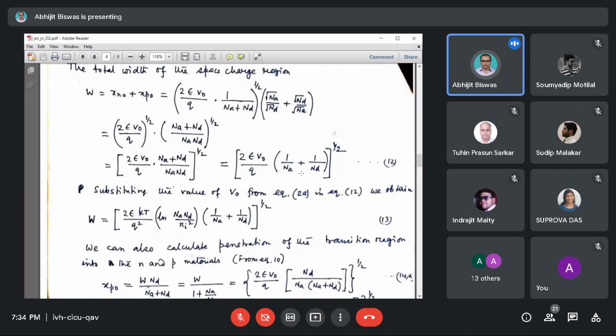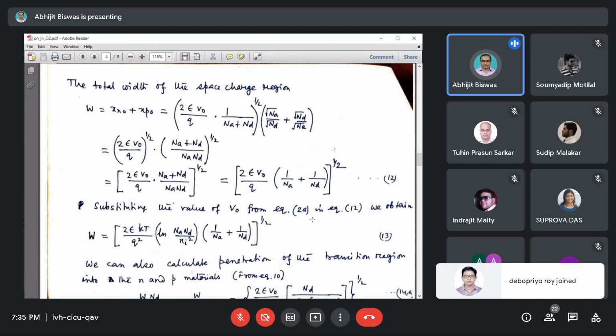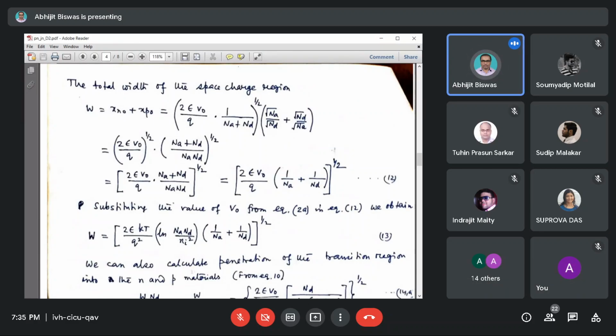Here you must remember one important equation, given by equation number 12, and all other equations you can simply derive, because in equation 13 we have replaced V0 in terms of NA and ND. So while calculating this built-in or contact potential, you must remember this expression for V0.